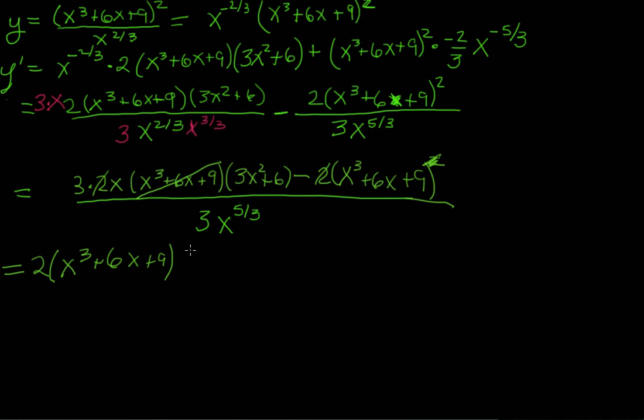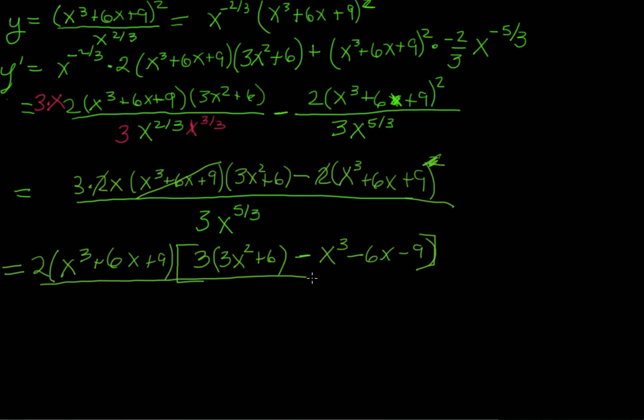That's going to leave me with 3 times 3x squared plus 6 minus, now all these signs are going to change, x cubed minus 6x minus 9, and that's all divided by 3x to the 5/3. And so all we need to do now is simplify.